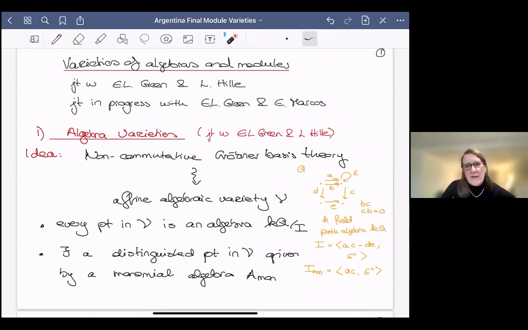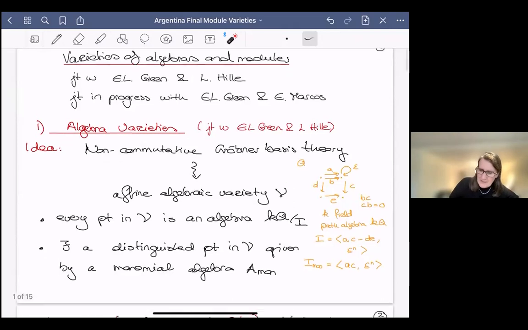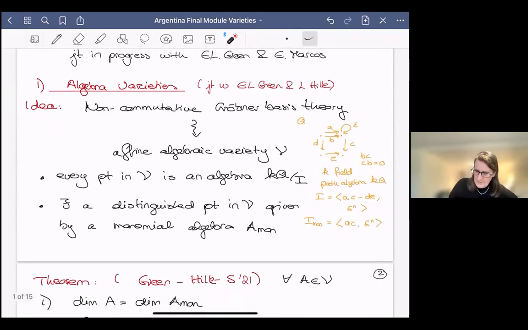And before I tell you how these varieties are constructed, let me tell you what we know about them. Well, okay, so our algebras might or might not be finite dimensional. But suppose we have a variety, and suppose that an algebra in the variety is finite dimensional.